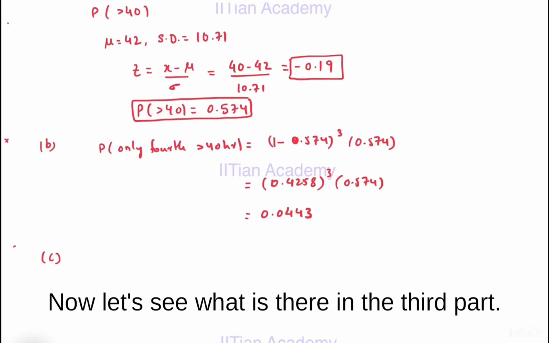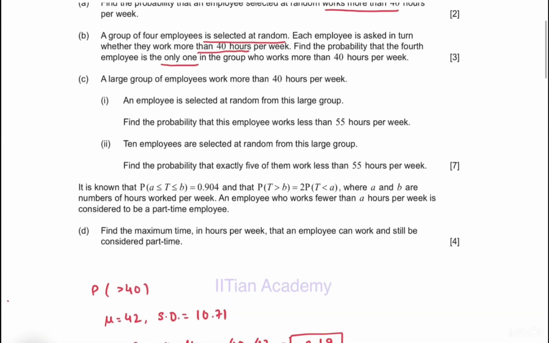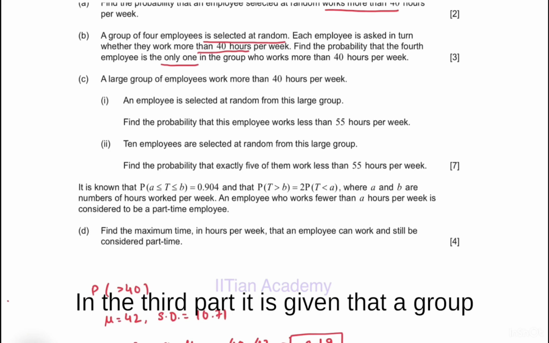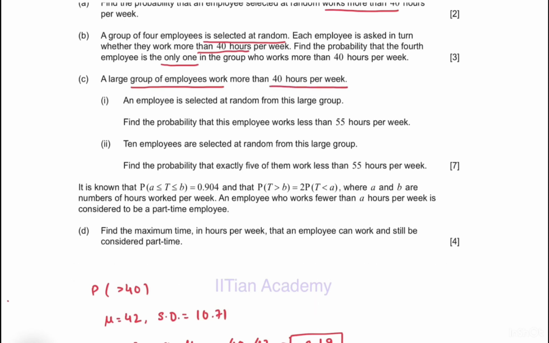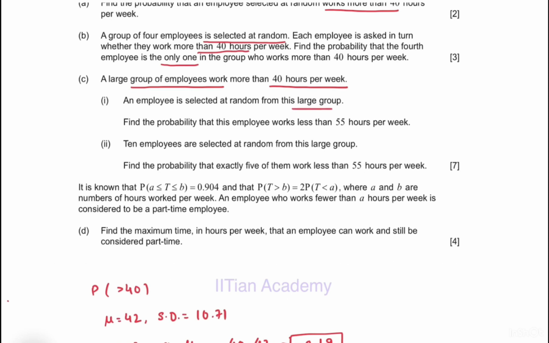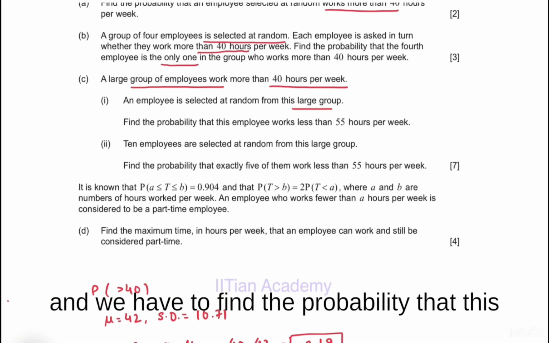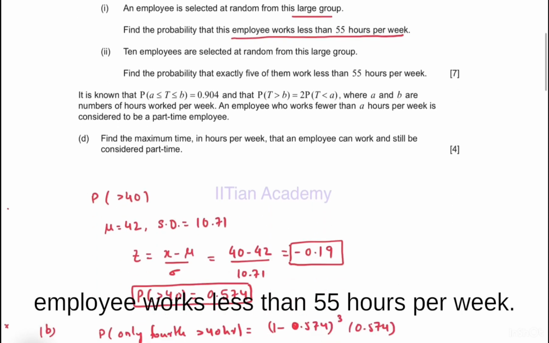Now let's see what is there in the third part. In the third part, it is given that a large group of employees work more than 40 hours. And out of those employees, we select another group and we have to find the probability that an employee works less than 55 hours per week.